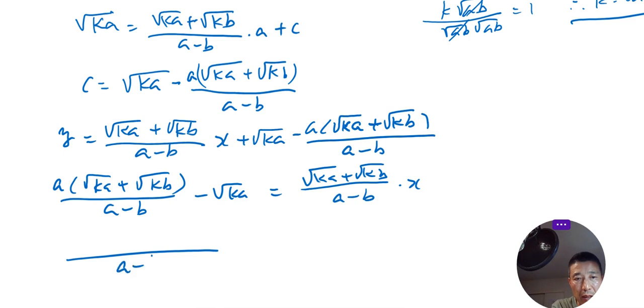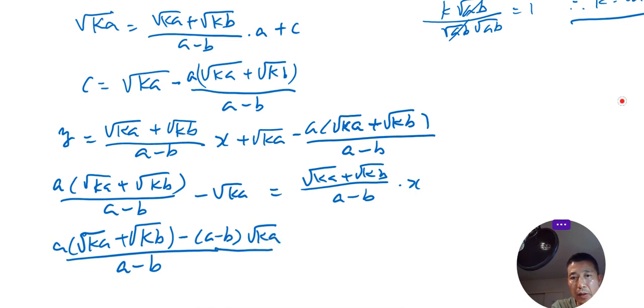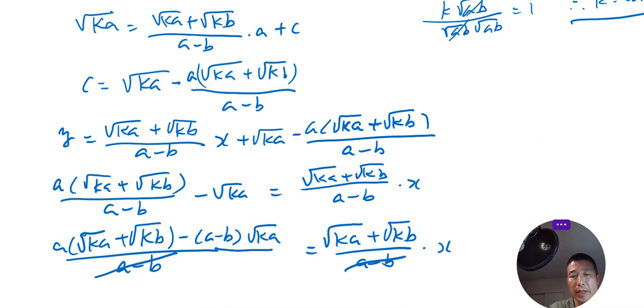So a minus b... a times the square root of ka plus the square root of kb, minus a minus b times the square root of ka, equals that times x. So obviously a minus b cancels out.